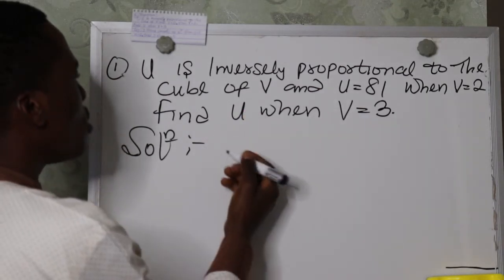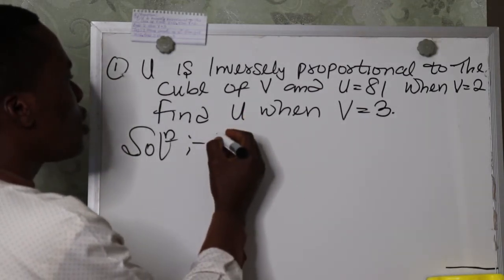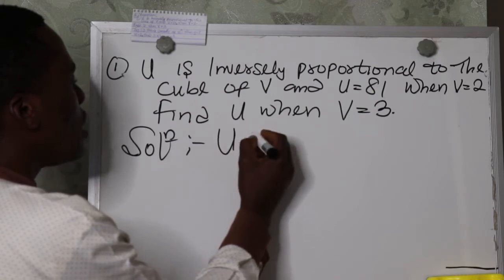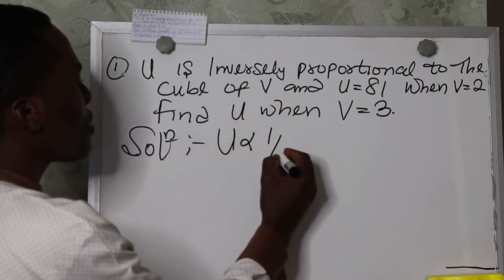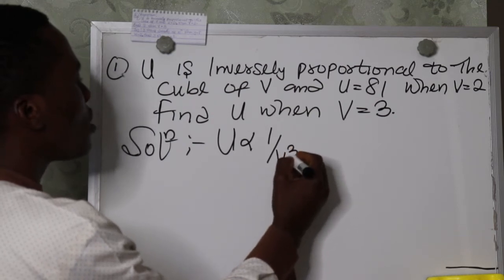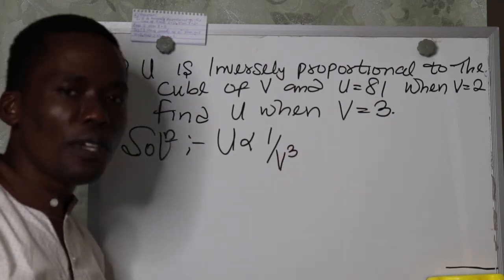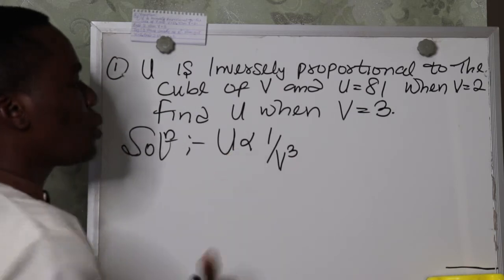Given this question, you are told that u is inversely proportional to the cube of v. That is the proportional sign.